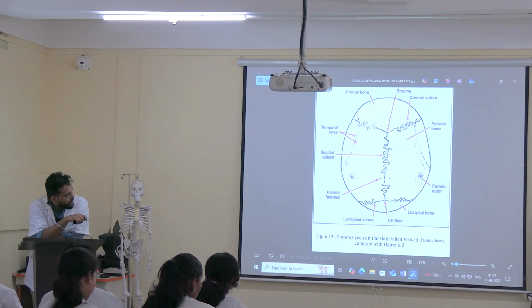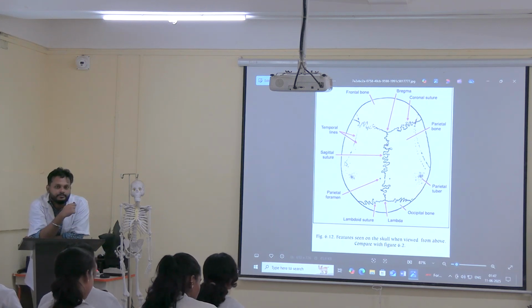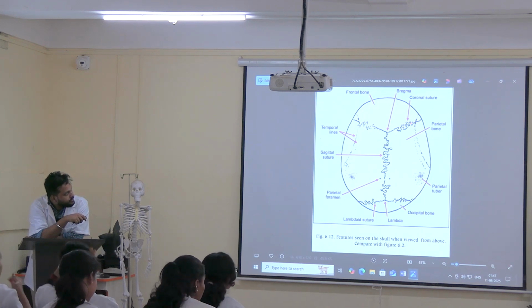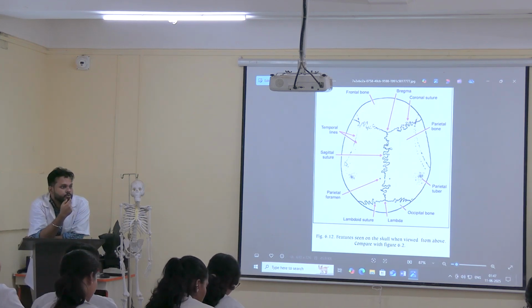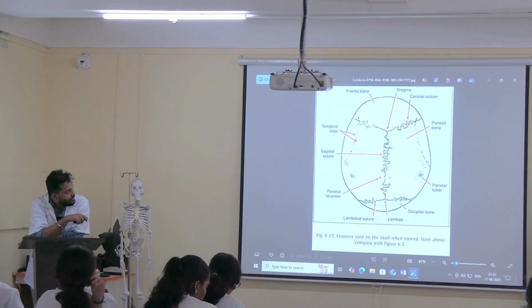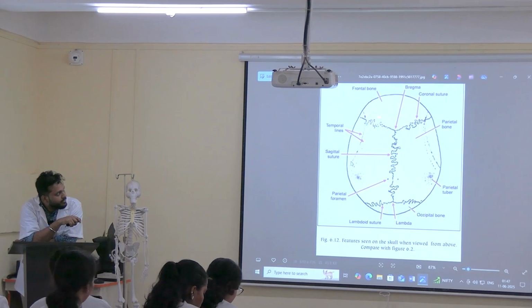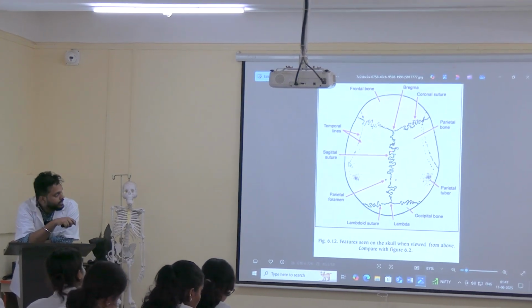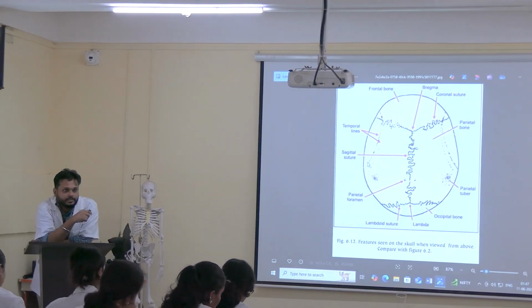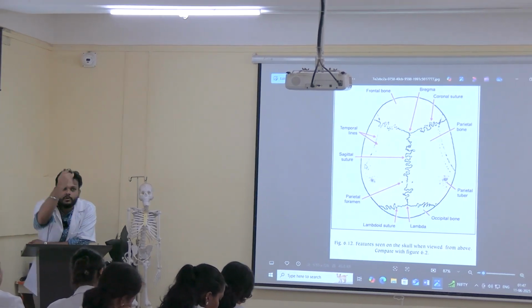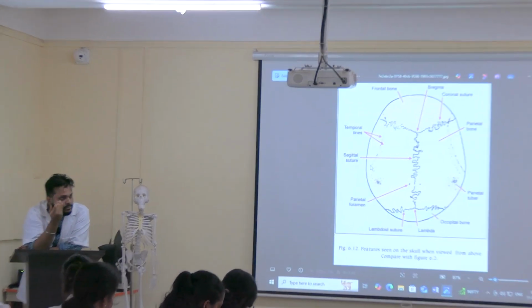Now we have to know the sutures. See, which suture is this? This is our coronal suture. Coronal suture. Divides कौन सा बोन के बीच में है? सामने कौन सा है? सामने frontal bone. पीछे two parietal bones. This coronal suture separates the frontal bone and two parietal bones.